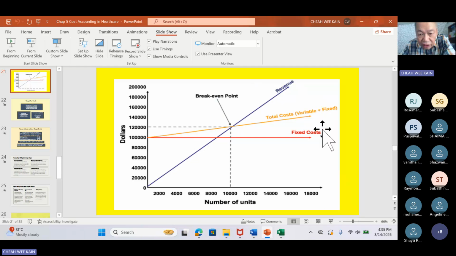Why does this not make sense? Why does this graph not make sense? You don't know. Shazwan, where are you? Yes, sir. Why does this chart not make sense?